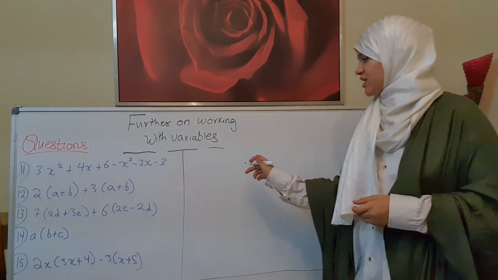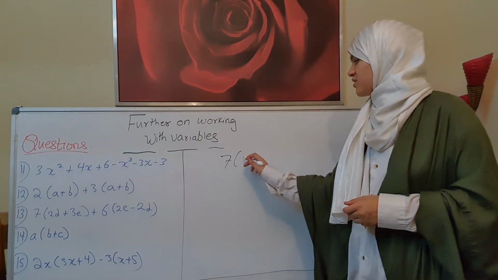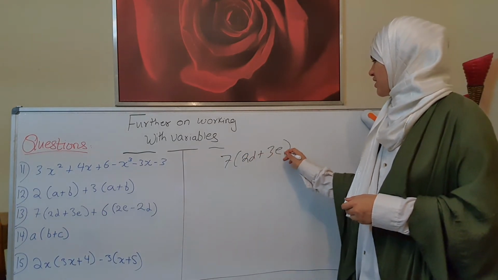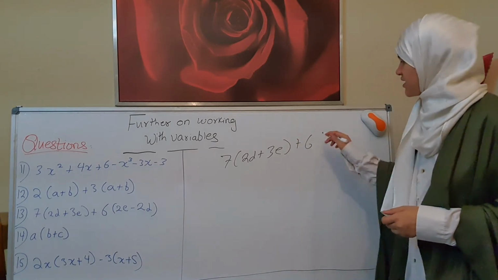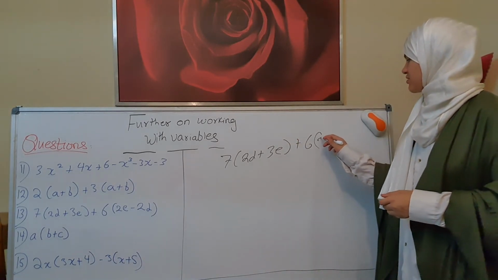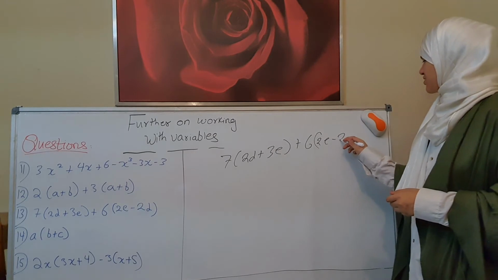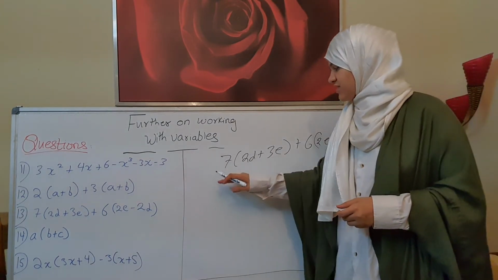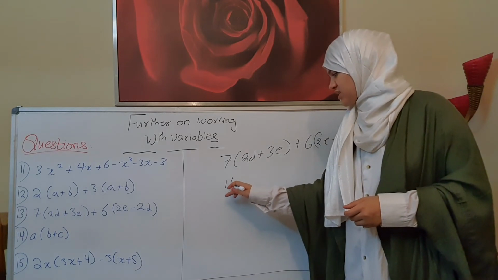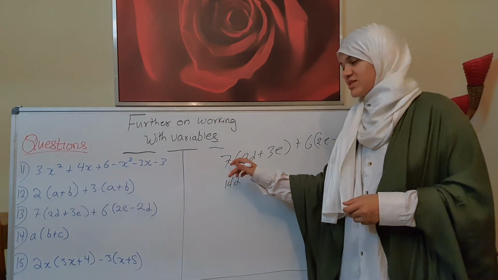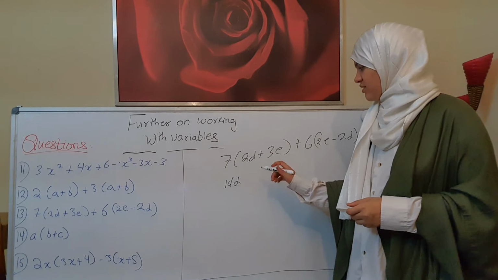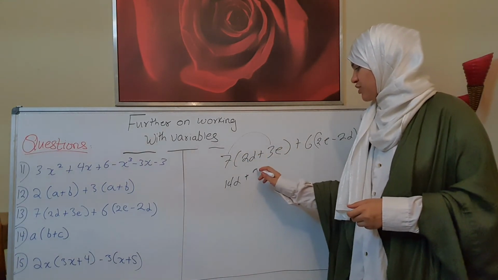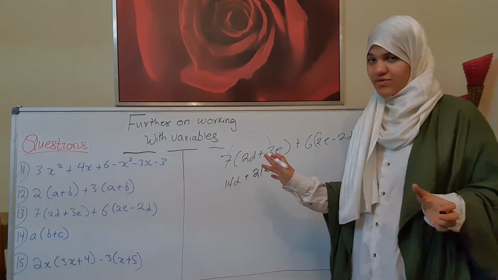Question number 13 says 7 times (2d plus 3e) plus 6 times (2e minus 2d). That means 7 times 2d is 14d, and 7 times 3e is positive 21e.